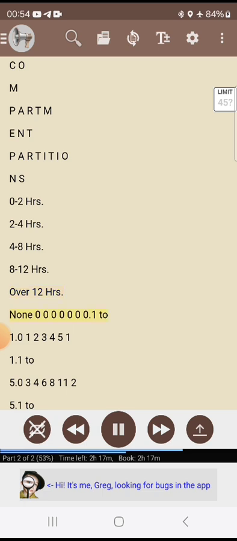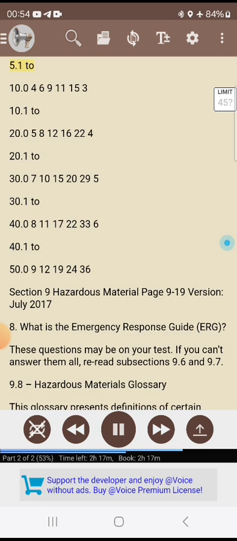None 0.012. 1.01234551. 1.12. 5.03468112. 5.12. 10.0469111153. 10.12. 20.0581216224. 20.12. 30.0710152029. 30.12. 40.081117223336. 40.12. 50.0912192436.